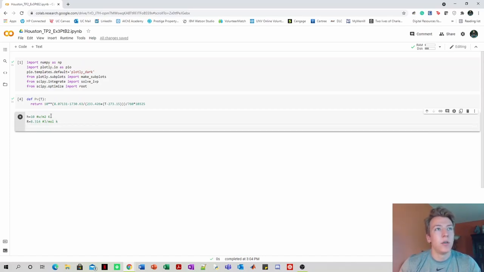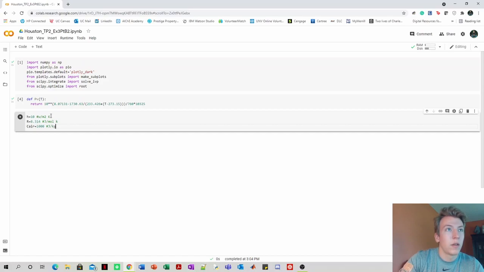Then we could get into the heat capacities, which, looking up previously, we can do like the heat capacity of air. So C air is equal to 1,000 joules per kilogram K. Forgot the hashtag.